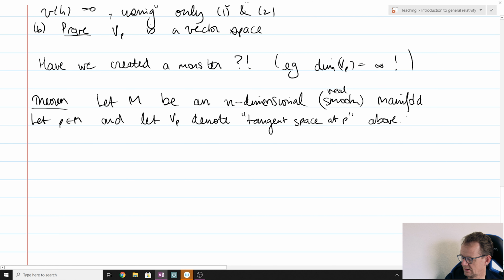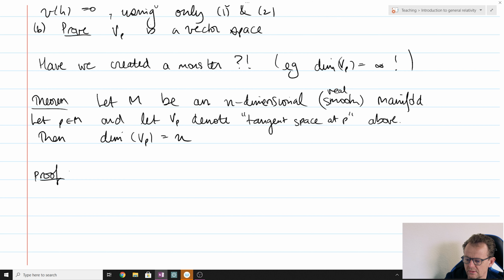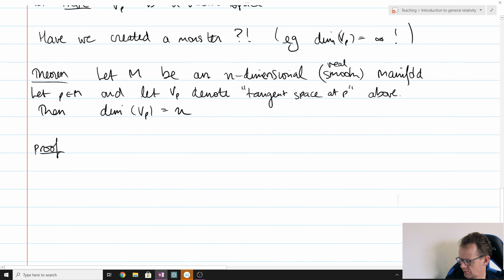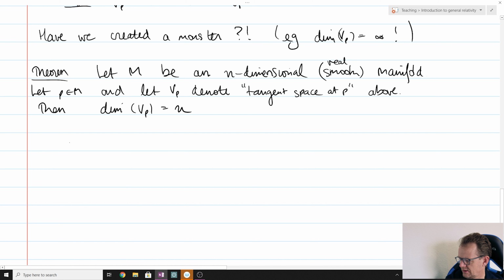This theorem says that the dimension of V_p is exactly n. Okay, so that largely cements this vector space as a reasonable analog for tangent vectors, but as we go through the proof you'll see that it actually makes that connection slightly more precise. Before we do the proof, I'll just introduce some notation.